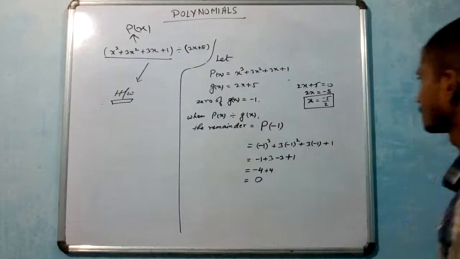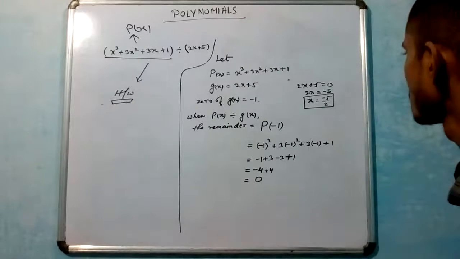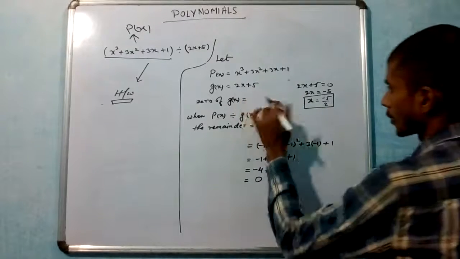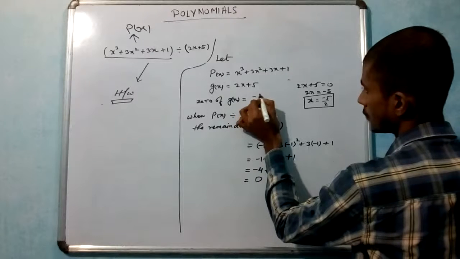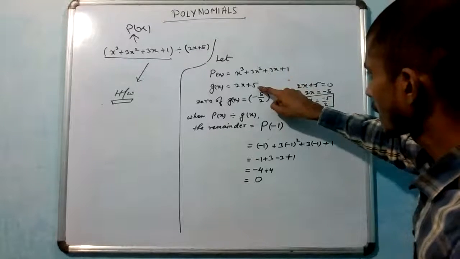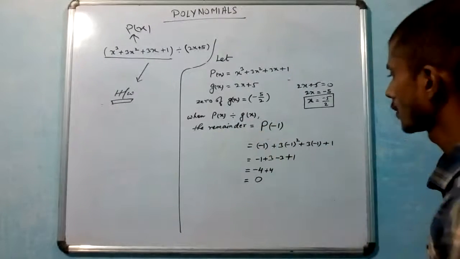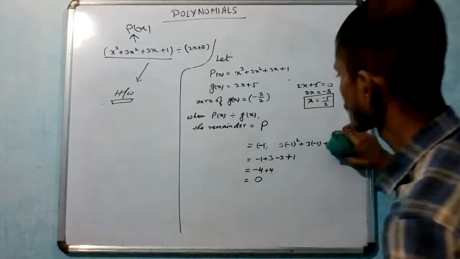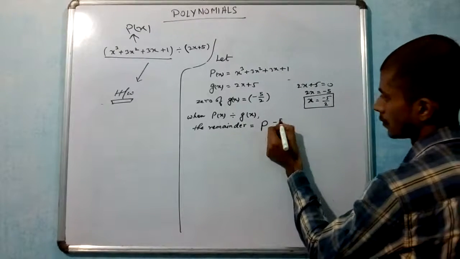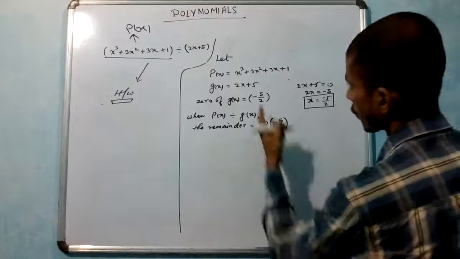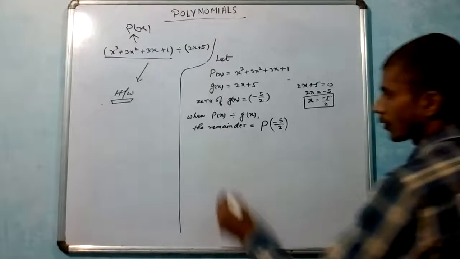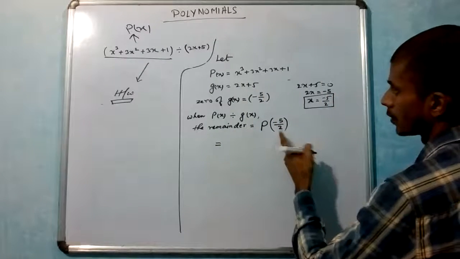Where did minus go? So the 0 of gx is minus 5 by 2. And when px is divided by gx, the remainder will be p of minus 5 by 2. Means for the px, in place of x we have to substitute minus 5 by 2 and solve, isn't it? Now come on, help me in this, tell me.